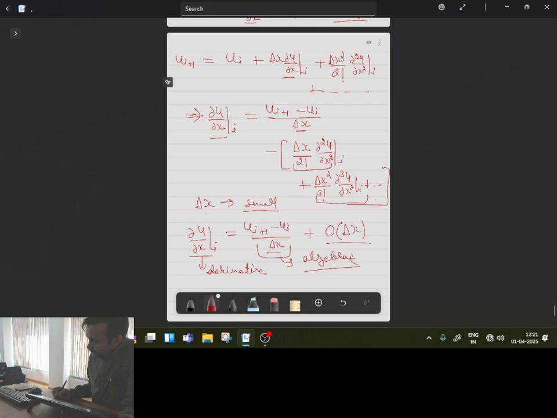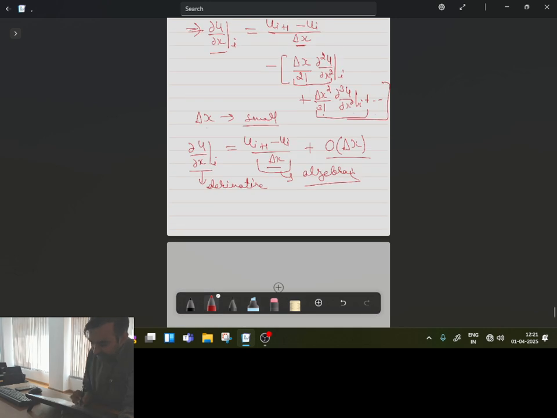Now, one important point you have to understand: whenever we are calculating this particular derivative at point I, we are using the value of u at point I plus 1 minus u at I. So it means the present node and one node in which direction? Forward direction. So that's why this type of approximation is called forward difference approximation.